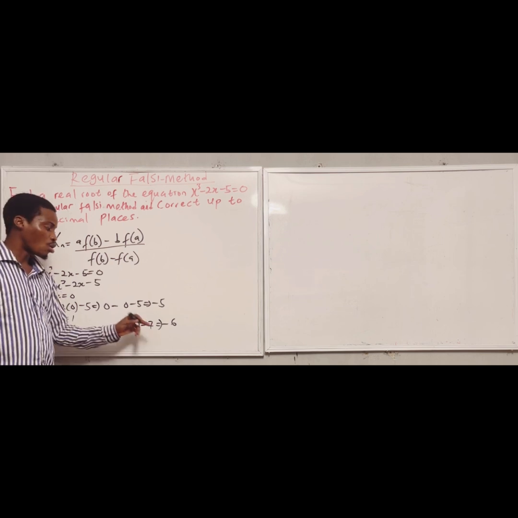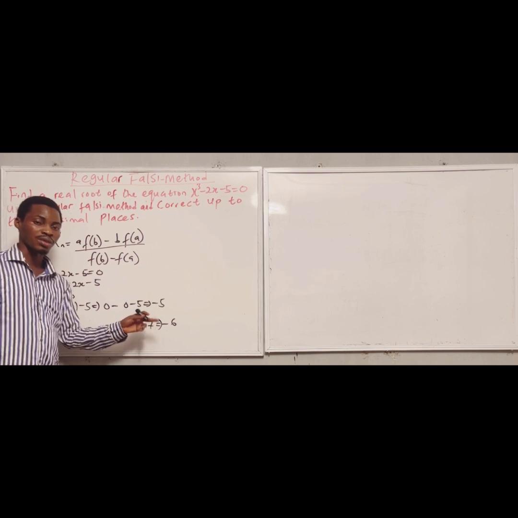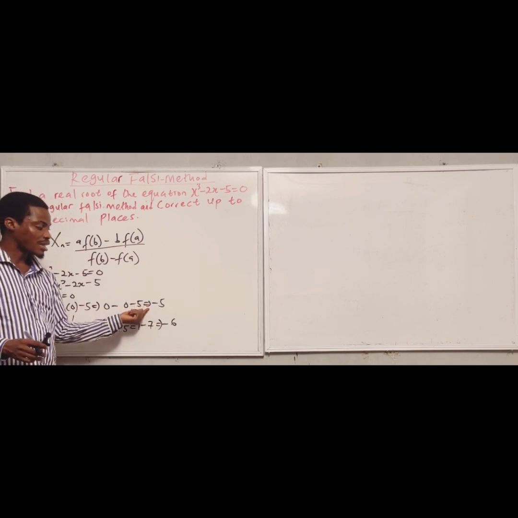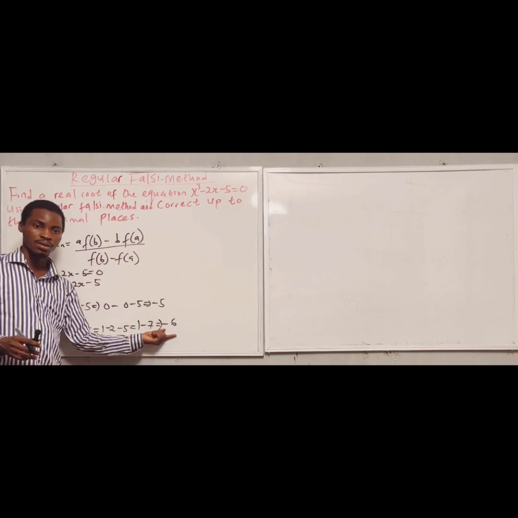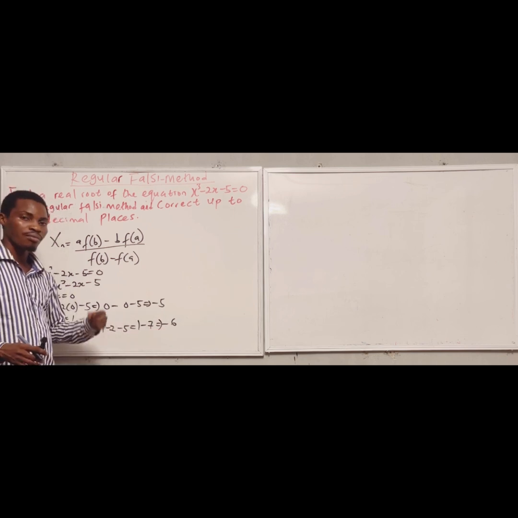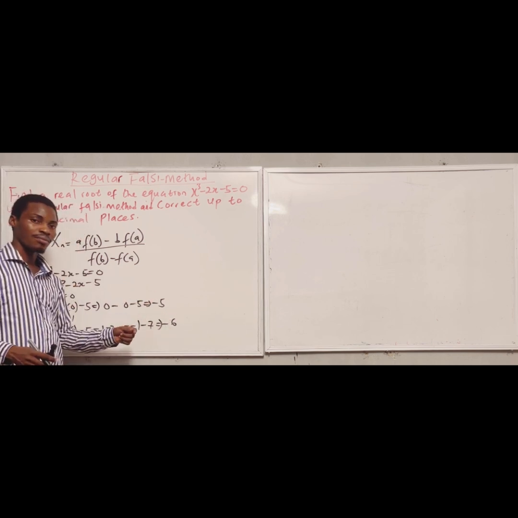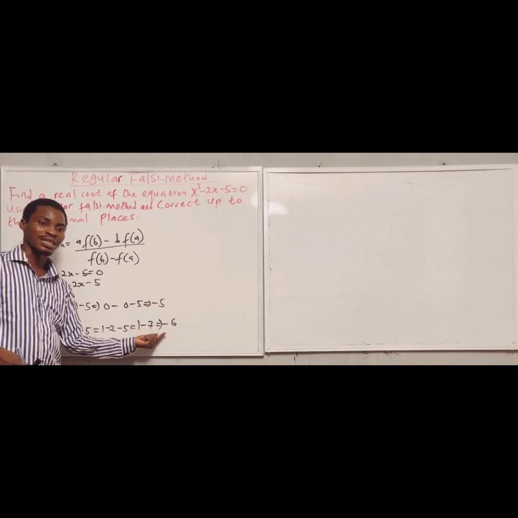I take my midpoint, or positive, and the opposite of positive is negative. When I'm dealing with my iteration, my answer should give me negative, and my next iteration should give me positive. Or my first iteration should give me positive, and my next iteration should give me negative. You can see it gave me negative and negative.